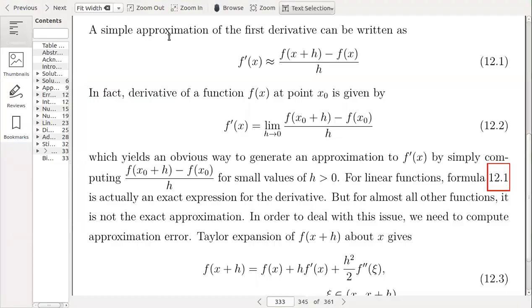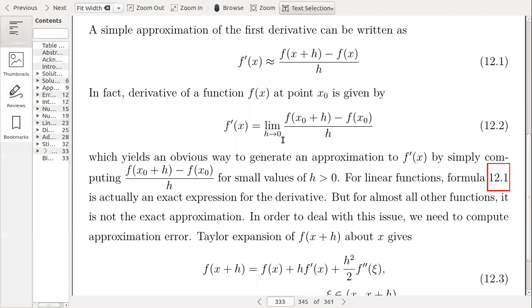Okay, so a simple approximation of the first derivative can be written as f prime of x approximately equal to f of x plus h minus f of x over h. In fact, the derivative of a function f of x at point x naught is given by the limit as h approaches 0 of f of x naught plus h minus f of x naught over h.